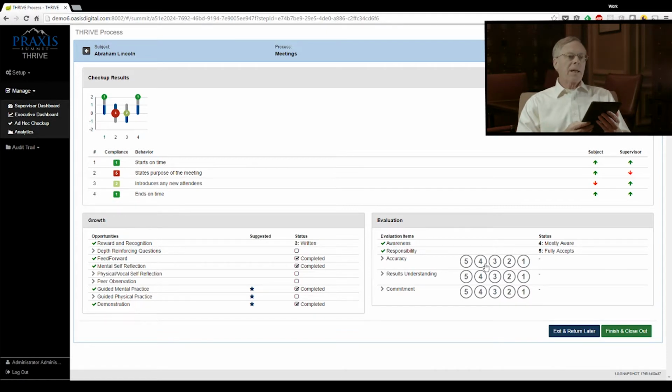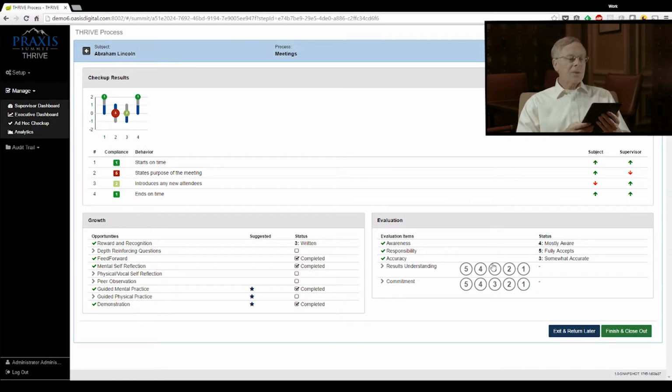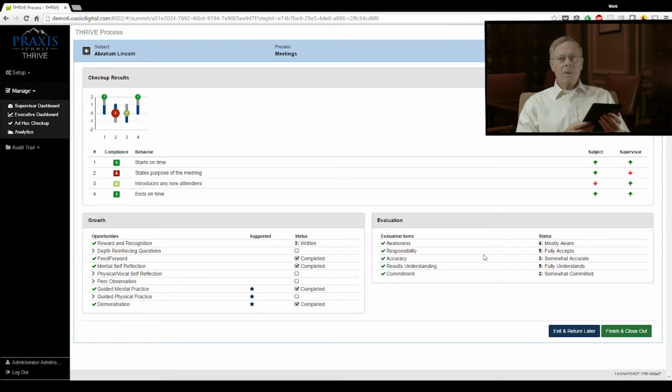And we provide an opportunity, again at the supervisor's discretion, to score these on a 5-point scale, so they can refer to these in the future to see if the employee is having an understanding problem, or a lack of commitment problem, or a responsibility problem.